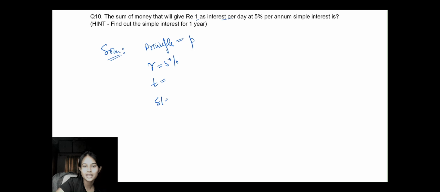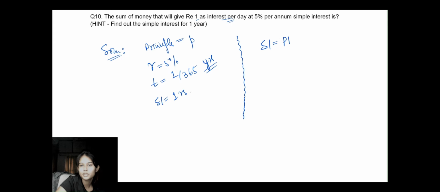So SI is 1 rupee. And since it is saying per day, can I say it is 1 divided by 365? 1 day is this in years, right? 1 by 365 years. So if I equate this, SI equals PRT. Only this is the important part of this question. Otherwise, the question is easy.